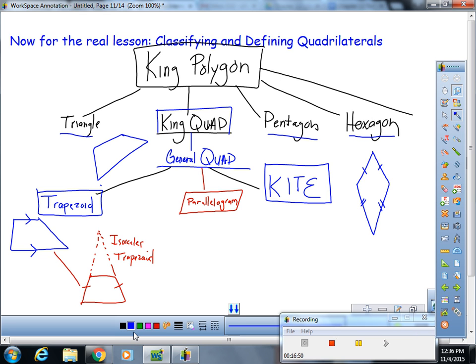Holy cow. Twins. So, Parallelogram also gave birth, and these twins were a son and a daughter. Okay? The son looked like this, and the daughter looked like that.